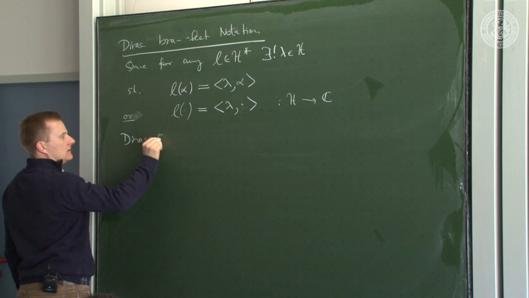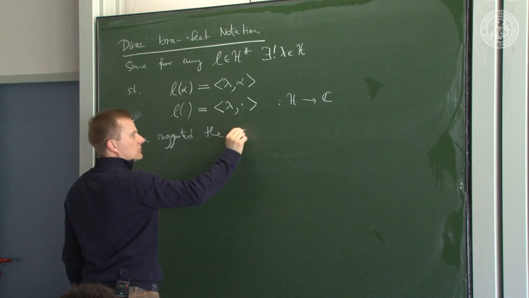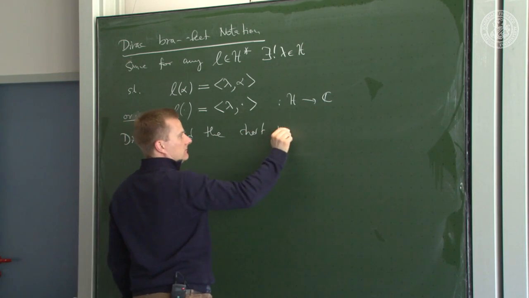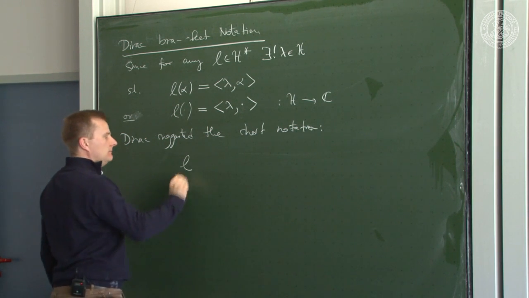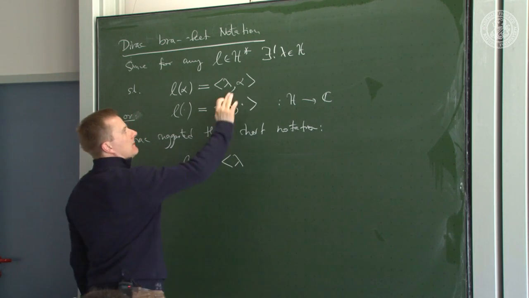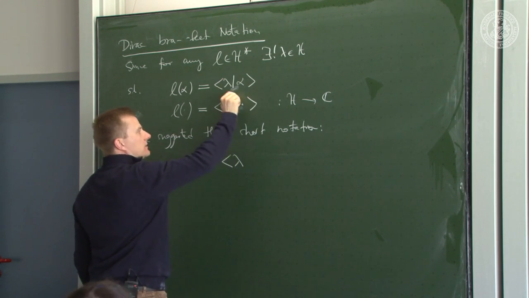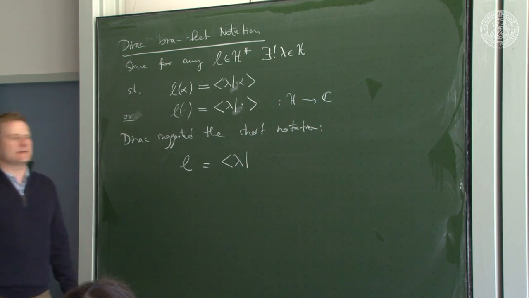Dirac suggested the short notation L equals bracket lambda, and because some people write the inner product not with a comma but with a line here like this, line, and that is it.